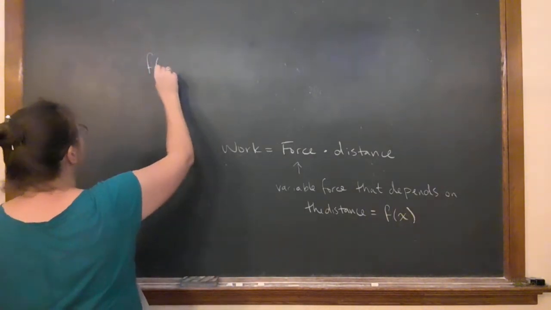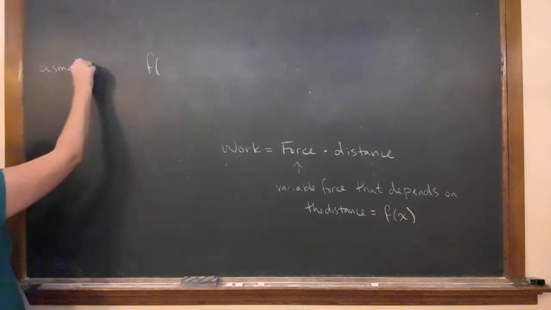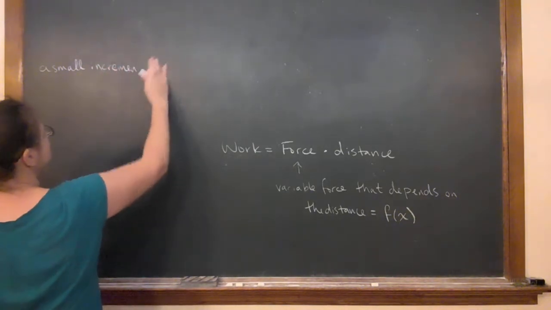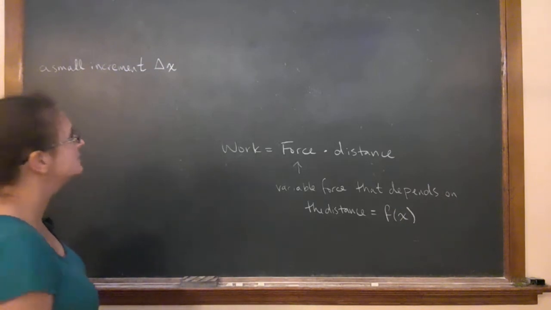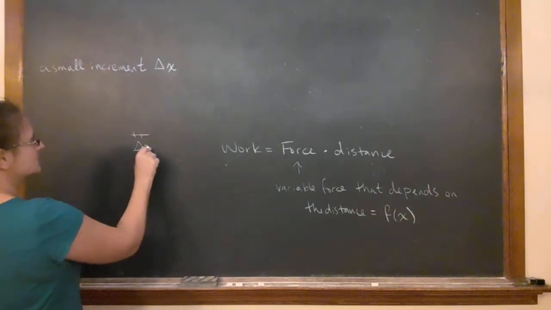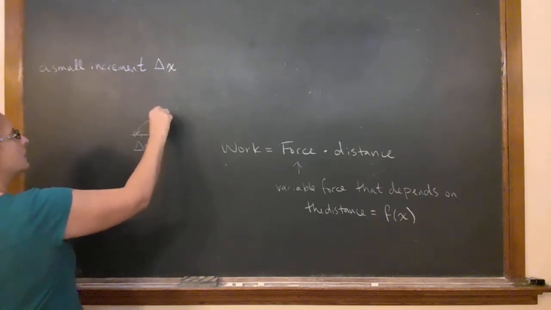So let's look at a small increment in x, right? Whatever that is, not the whole interval, just a little one. Of course, delta x, right? So here's the point xi star.